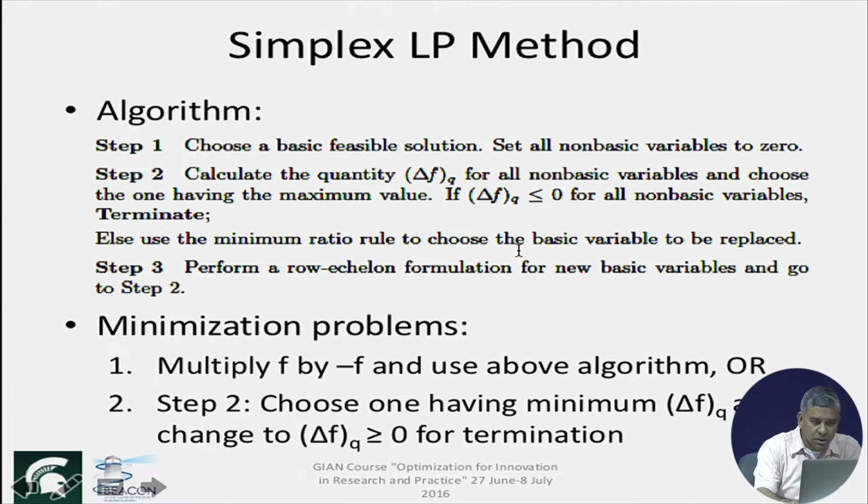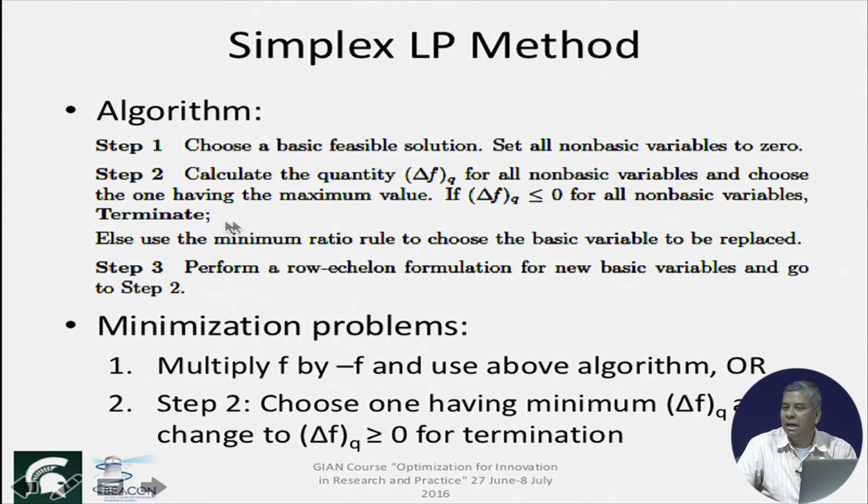Okay. So here is the algorithm again. Choose a basic feasible solution. That means you find a variable that appears only in one of the constraints and not in any other constraint. You need to find j of them like that. Then calculate del FQ for all non-basic variables and choose the one having the maximum value, because that's going to increase the function value the maximum.